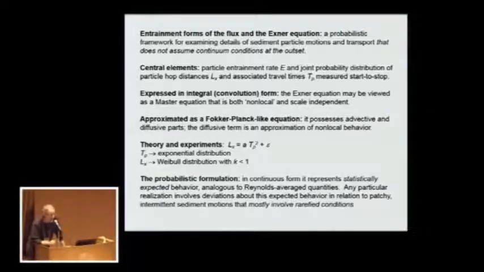And finally, I want to comment at the very end about the idea that when we write a continuous differential equation, the Exner equation, I would suggest that what we're actually doing is describing a statistically expected behavior, in the same way that we think about, for example, the logarithmic velocity law. That is an expected behavior as opposed to something that happens at any given instant in an actual realization.